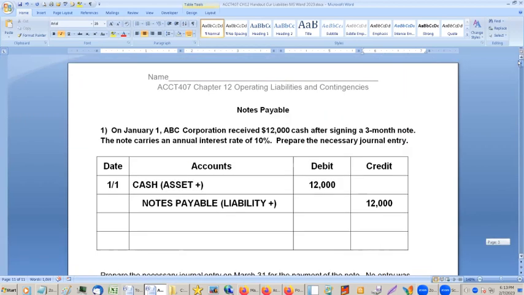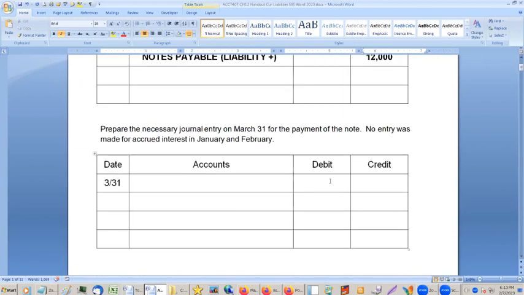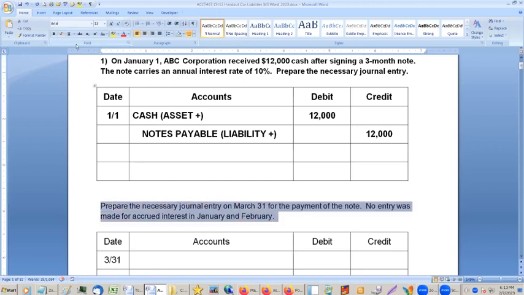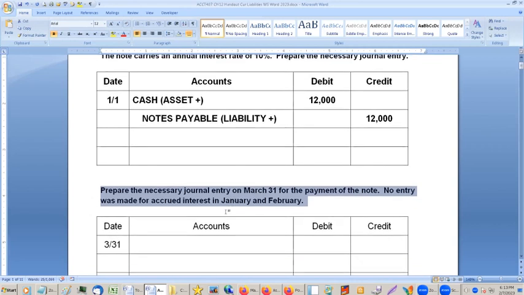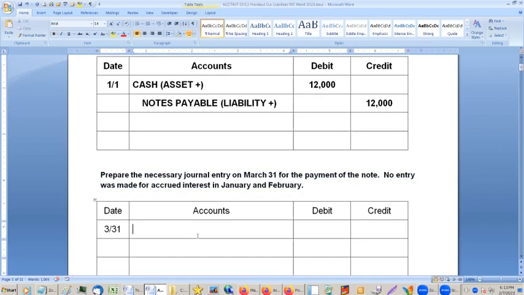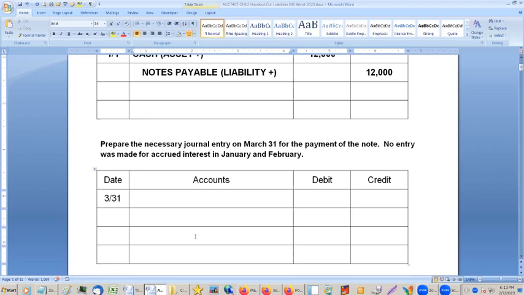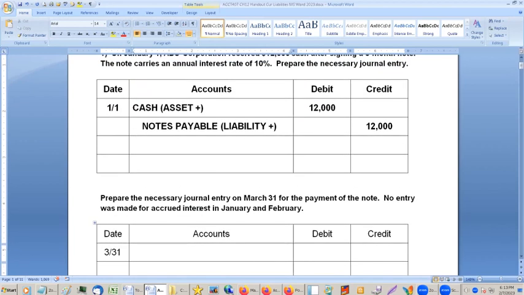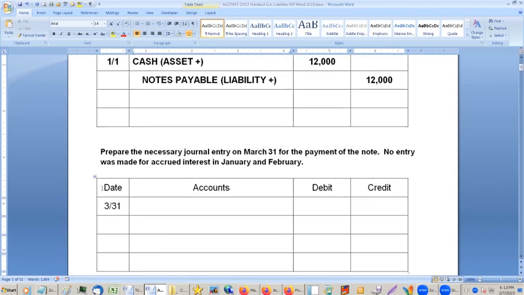All right. Okay, make the necessary journal entry on March 31st for the payment. So the question is, how much are we going to pay? Let me phrase it a little differently. How much interest are we going to pay?